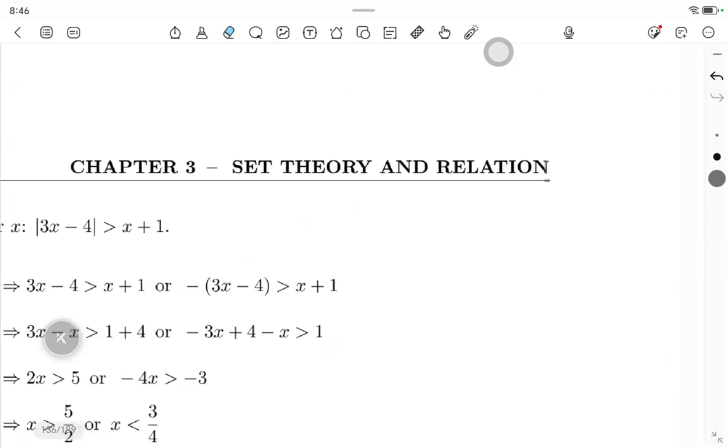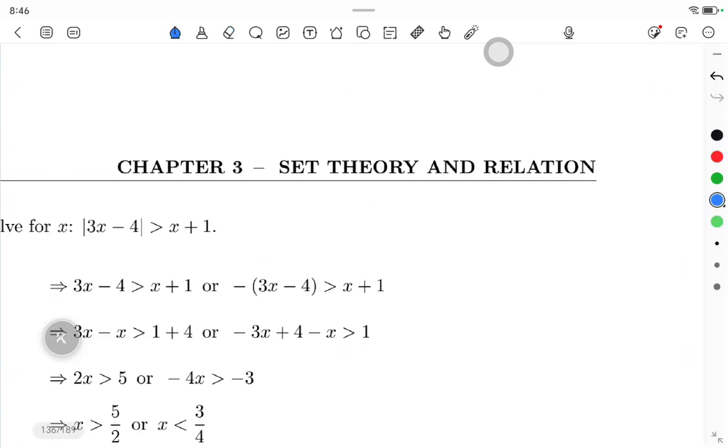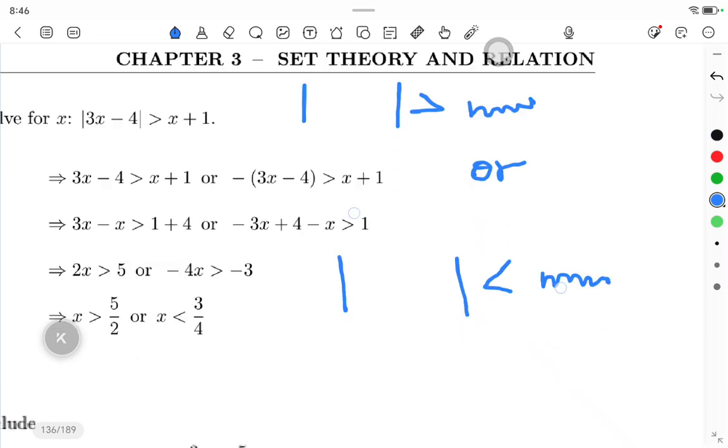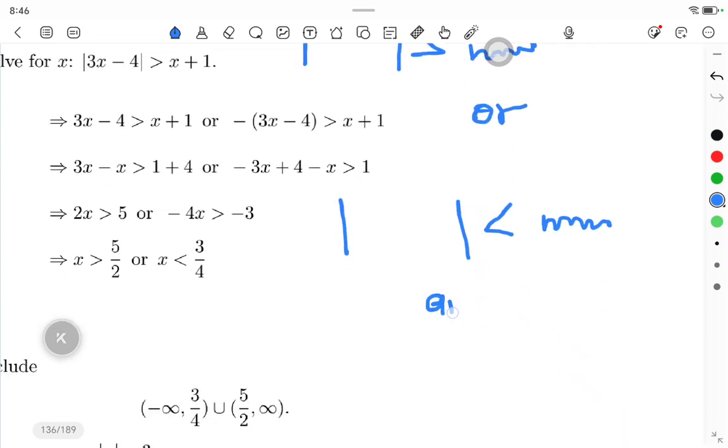When we have everything inside the absolute value and it is greater than something, when you separate them, you are going to put or in between. When everything is inside the absolute value and it is less than something, when you separate them, you are going to put and in between. All right, so we can go through that and discuss them.